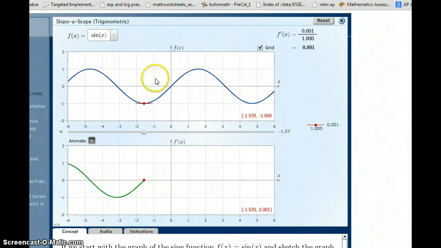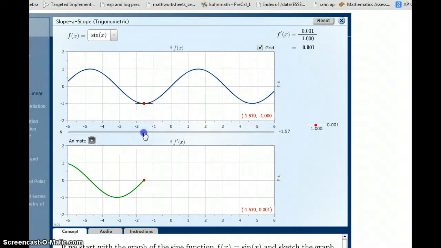So this is a good graph, not only to show us what this derivative of sine is, but also to get a feeling of what f prime would look like if I know how f looks like. And this is something that we're going to do in the future as well.